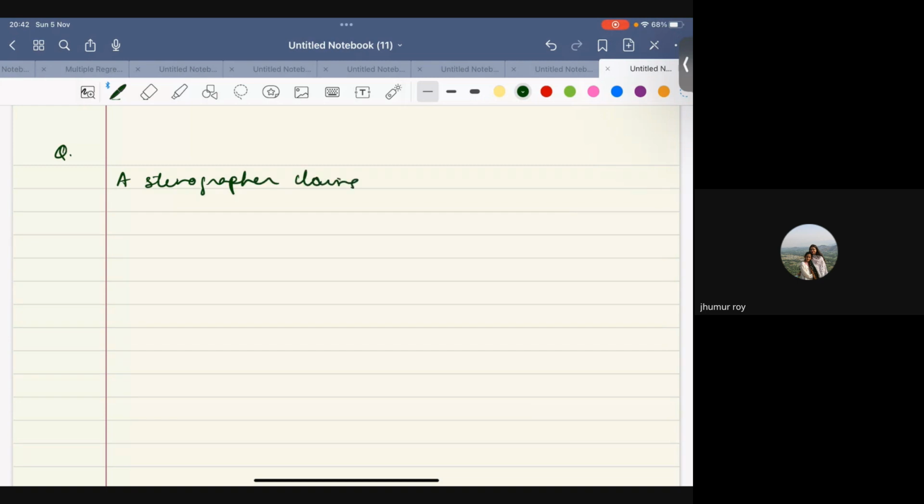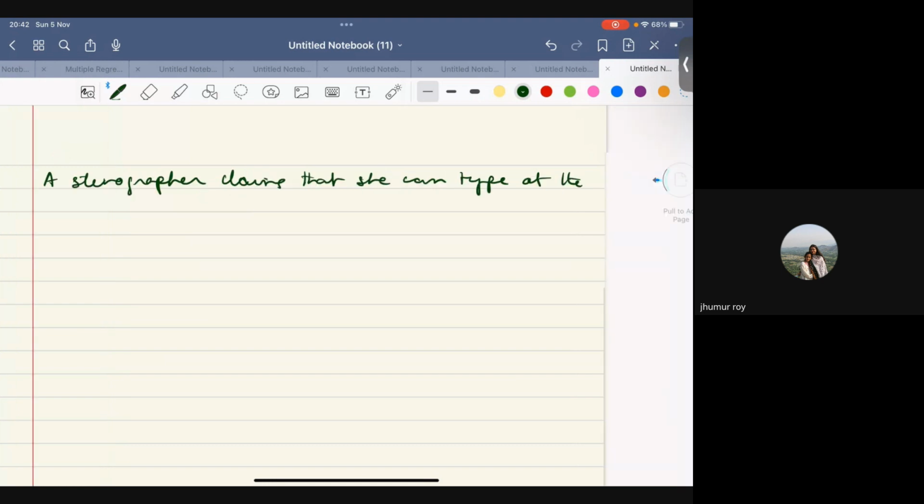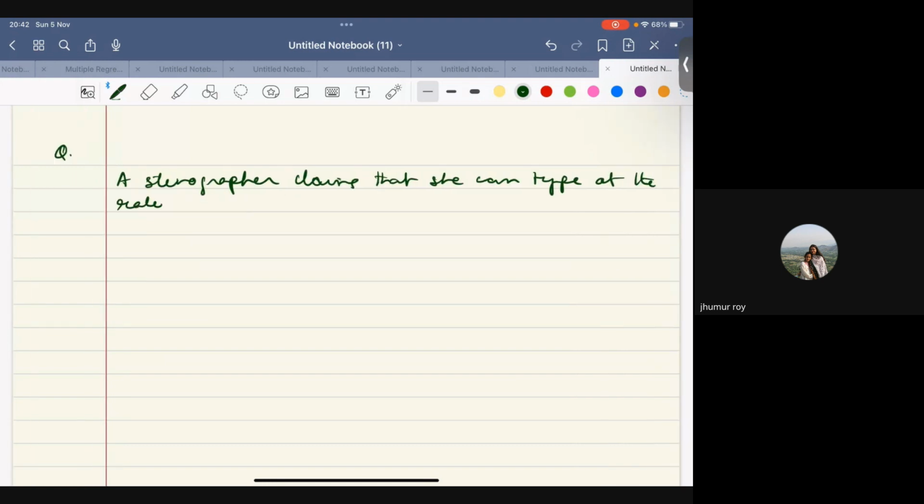A stenographer claims that she can type at the rate of 120 words per minute.